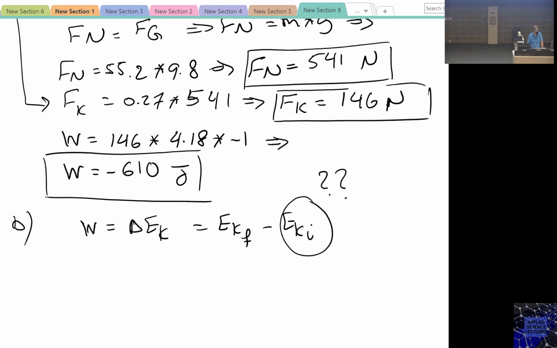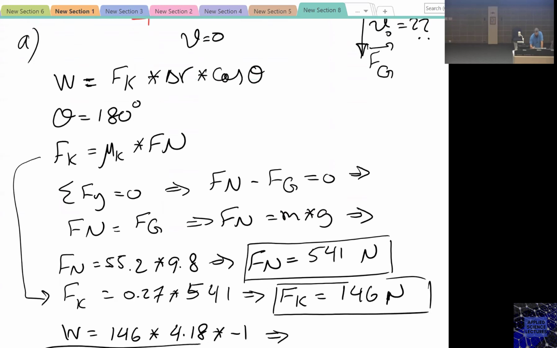What do I know about the final kinetic energy? It is 0. Why 0? Because it stopped. If I go here and put the equation and substitute the final kinetic energy, it is half m v squared minus EKI.